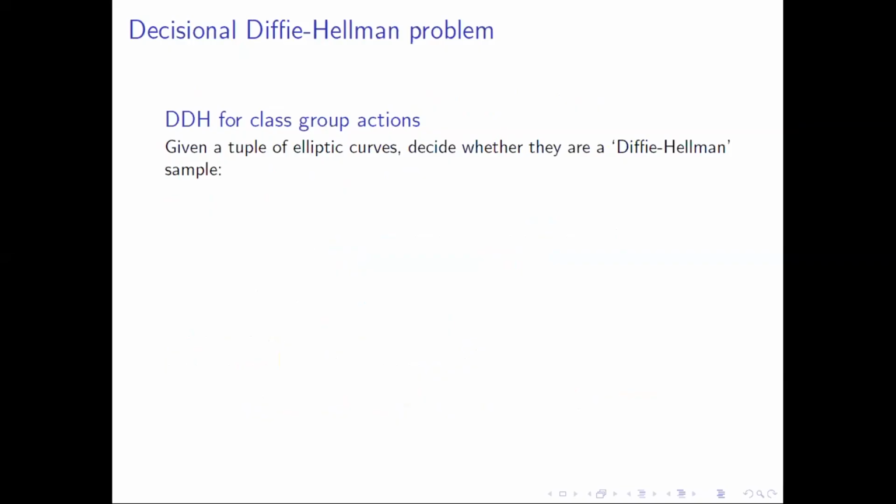And there is a similar decisional Diffie-Hellman problem. This is the direct translation of the problem: if we have a tuple of elliptic curves, A star E, B star E, C star E, which are just the results of the action on this origin E, we're asked to figure out whether A times B is equal to C, where these are now ideals.